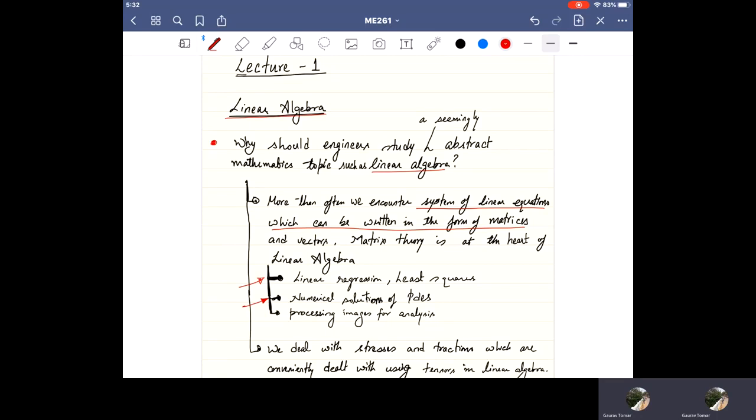We end up getting matrices, a system of linear equations that you need to solve. And then even when you have to process images using MATLAB or something, whatever you do, in the background you would be dealing with matrices.